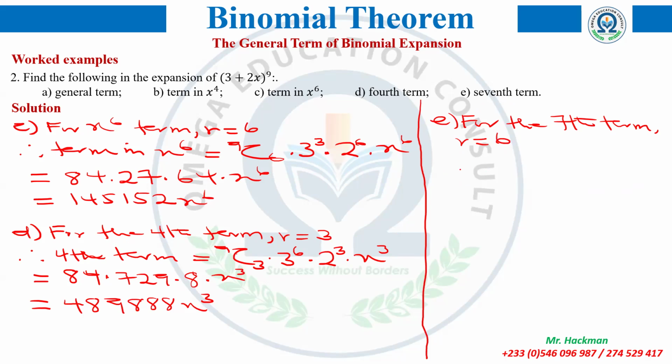Once you know your r, you are in pole position because your formula now involves only r.